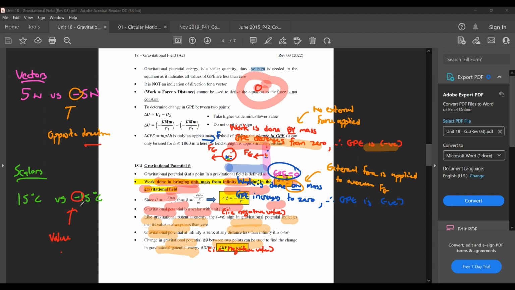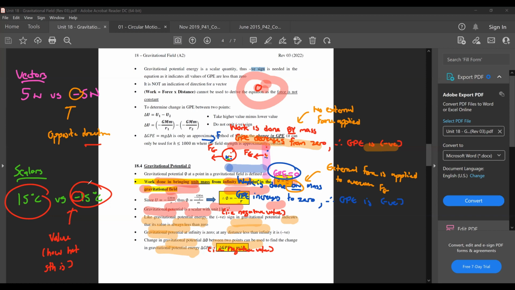Instead, you associate it with value, or rather how hot something is, isn't it? So 15 degrees is considered maybe warm. Negative 15 degrees is considered to be very cold. So the negative here isn't telling you direction. It's actually telling you a measure of its value.